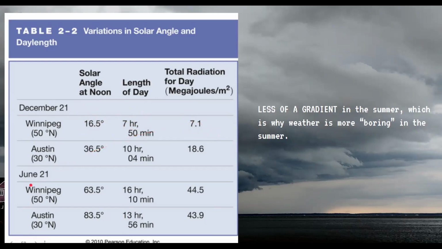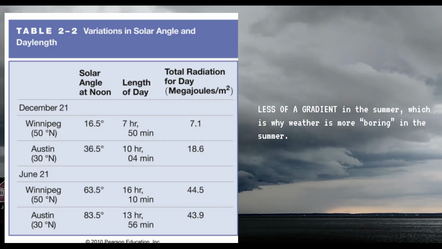Well, what happens over here? In June, it's the opposite. Well, everything's the opposite except for one thing. Still, the solar angle is smaller. But what's the deal here? The length of the day is longer now.